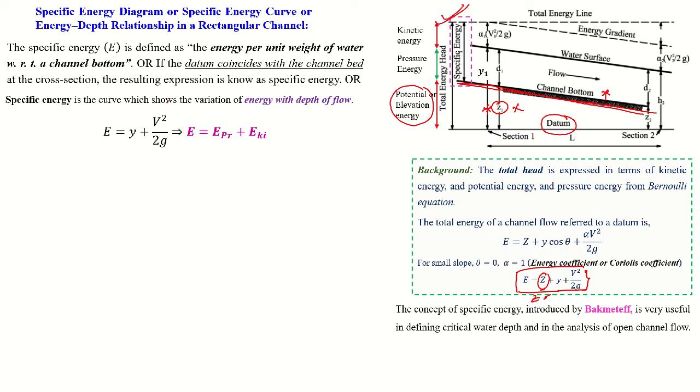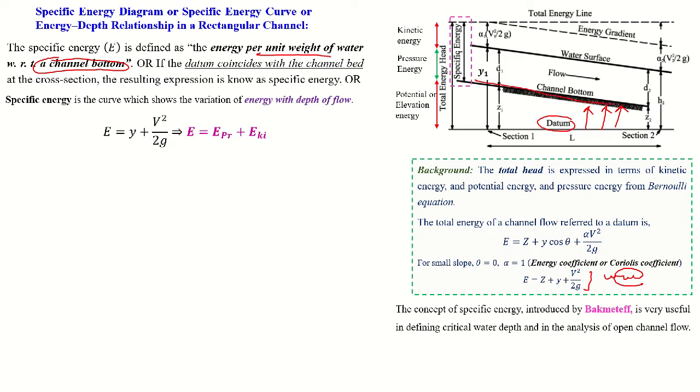Now let us see the definition of specific energy. The specific energy is defined as the energy per unit weight of the water. All the terms in this Bernoulli equation are in terms of the weight of the water. With respect to the channel bottom, the datum is shifted upward, close to your channel bottom.